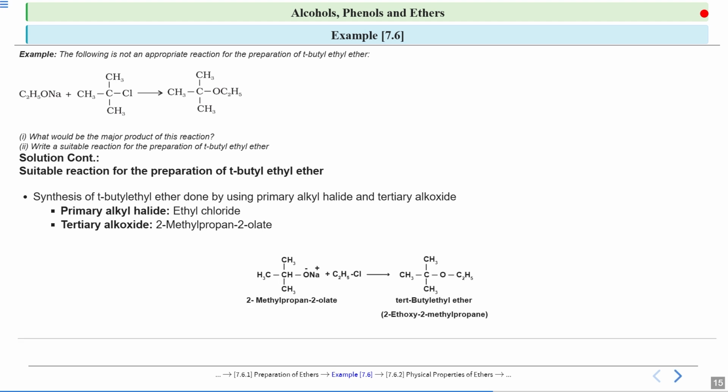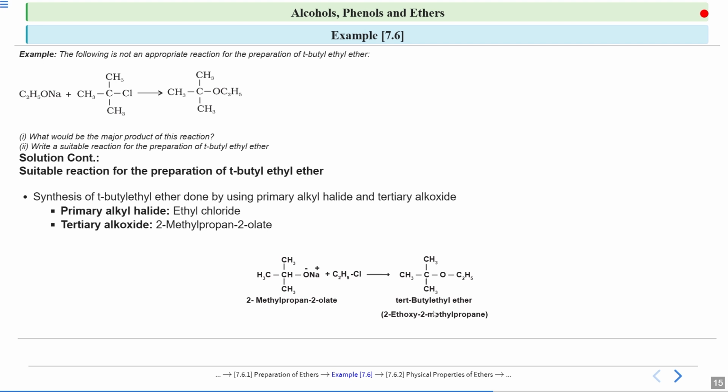If you look at this reaction, it is a primary alkyl halide and this is a tertiary alkoxide. So what will happen in this case? This oxygen with its electron density will attack this carbon and the Cl will leave from here. So the tertiary group will be on this oxygen and C2H5 will attach to this oxygen.